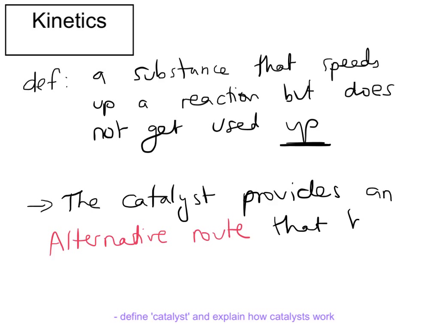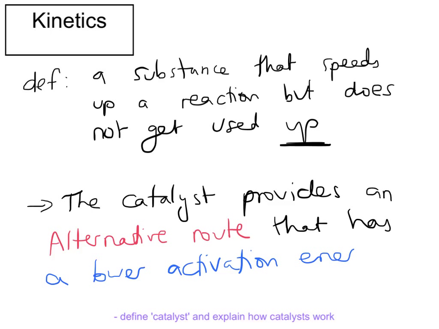That has a lower activation energy, and that's your second mark. So if a question says how does a catalyst work, you'll go for this second one. If a question says what is a catalyst, you'll go for this first one. And there'll be very subtly different questions in the exam, so you've got to make sure you pick the right answer when you get to your exam.